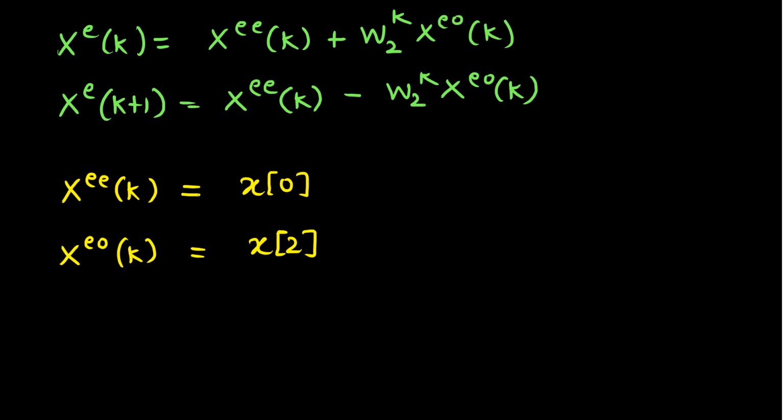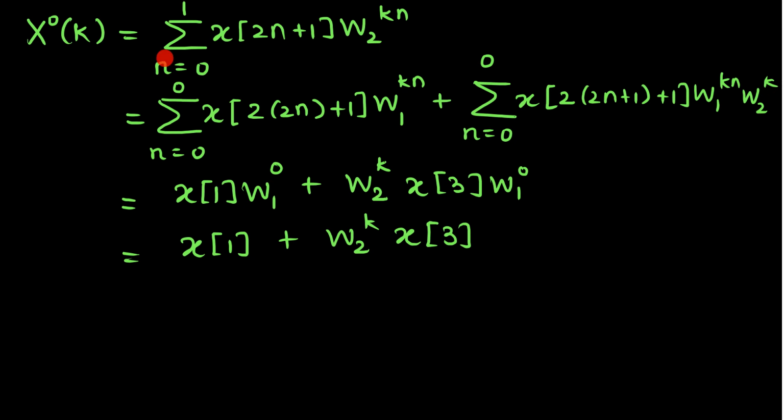Now let us repeat the same exercise for the odd part. So we have it initially like this, and we can just split it again into two parts. For even we just substitute n as 2n, and for odd we substitute n by 2n plus 1, and when we do that we obtain the equation like this, and again the limits of n would be from 0 to N/2 minus 1, that would be again 0 for the even as well as for the odd part.